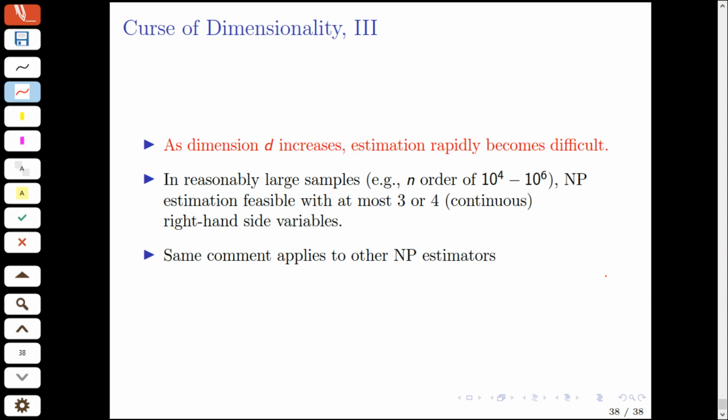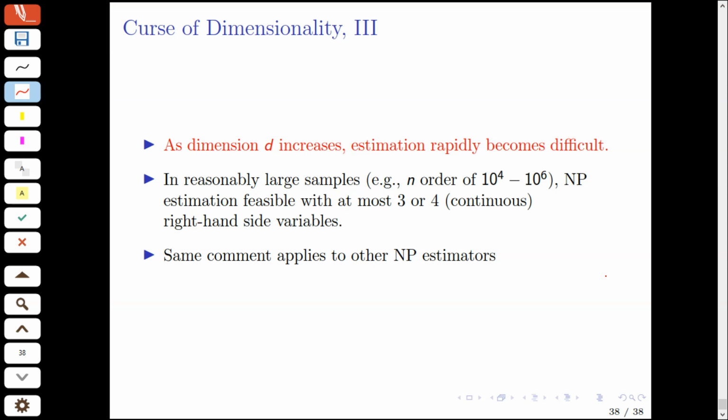Right? We quickly run into trouble. And we see here, based on these heuristic calculations, that even in reasonably large samples, say where sample size is in the tens of thousands or even millions, nonparametric estimation is really only feasible with at most 3 to 4 continuous right-hand side variables.